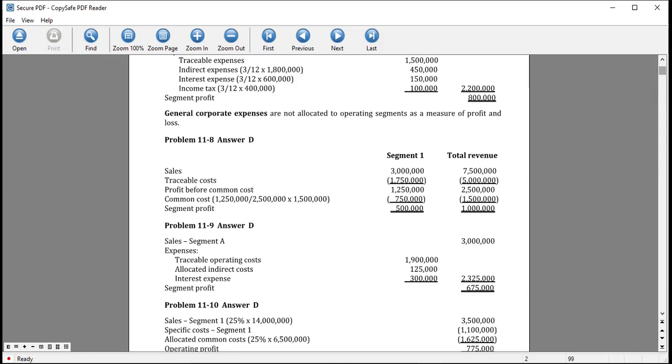Traceable costs were 1,750,000 for segment 1 out of a total of 5 million for the entity as a whole.